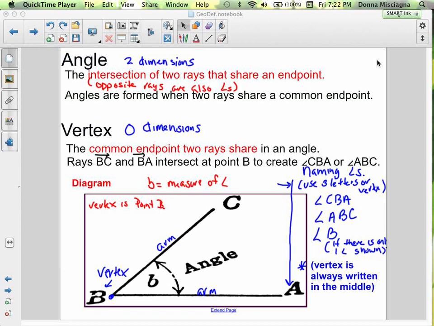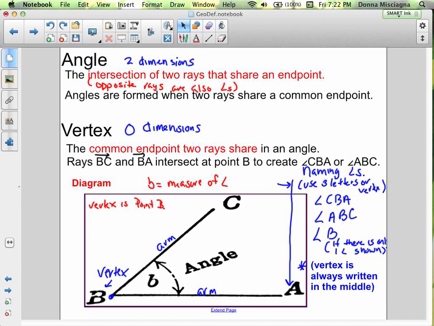Right, so naming angles, we can use 3 letters or we can use the vertex. So angle CBA, angle ABC, angle B. And so next to angle B, right, if there's only one angle shown.